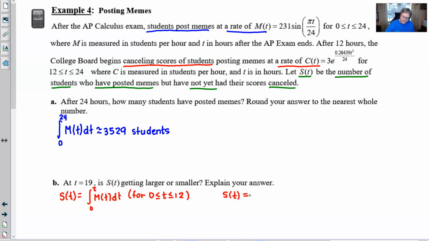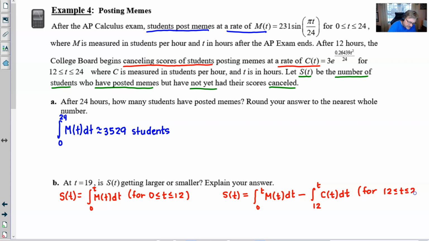So in other words, we would have the integration from 0 to t of m of t, and we would subtract the integration from 12 to t of c of t with respect to t. Now this is going to be plausible for a time that's greater than 12 hours. And of course, less than 24.